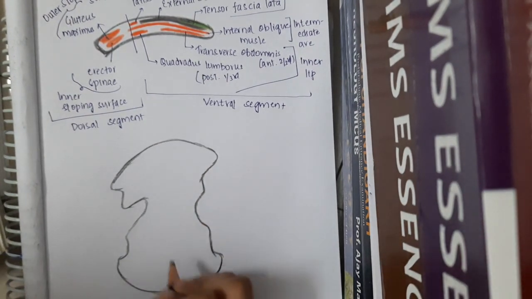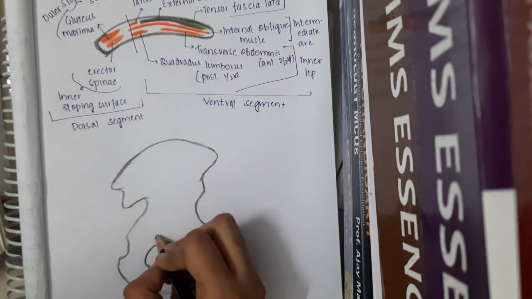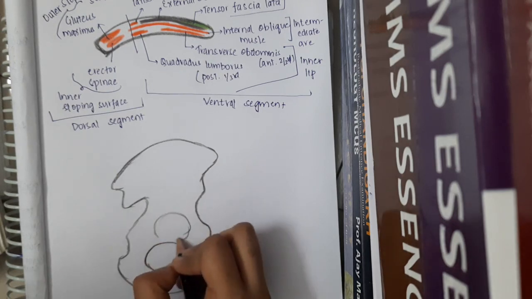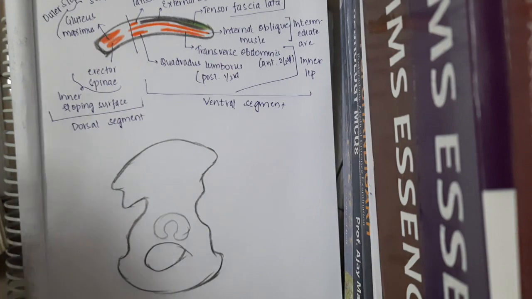I'm just drawing the outer surface, but not the complete one. This is the acetabulum. Okay, it has first anterior border.